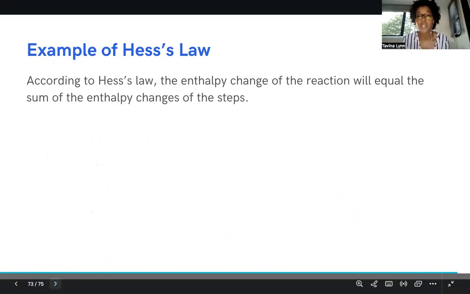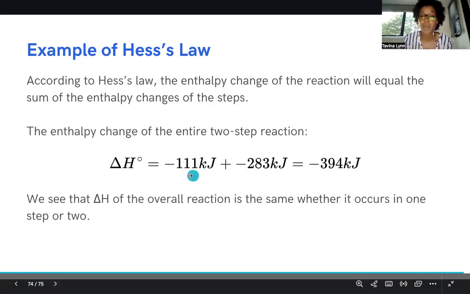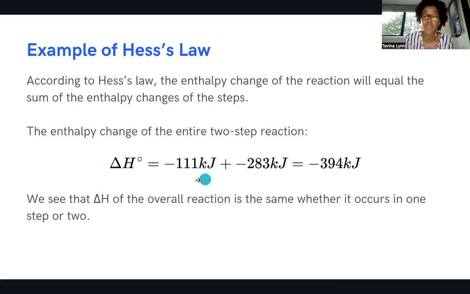So according to Hess's law, the enthalpy change of the reaction will equal the sum of the enthalpy changes of all of the steps. So we're just going to sum, right? Remember, negative 111 kilojoules was our enthalpy change for step 1, plus negative 283 kilojoules from step 2, and that gives us negative 394 kilojoules, which we see is what we had in the direct reaction as well.